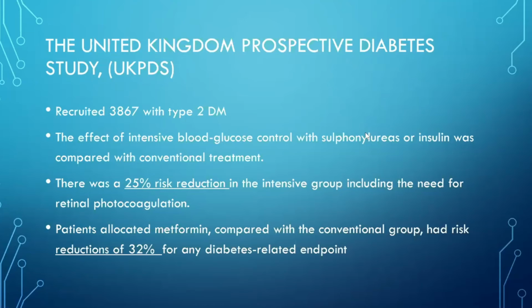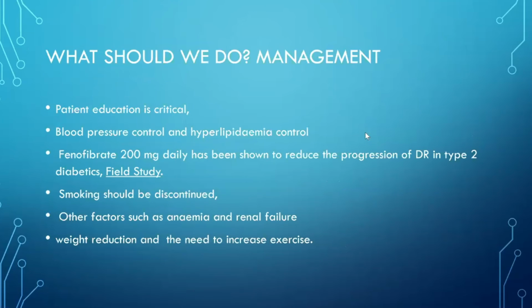So in general, there's quite good news. If somebody has diabetes, we know that we can't do much about it at this stage, apart from better control of blood sugar, which can reduce the complications in the eye and all parts of the body.